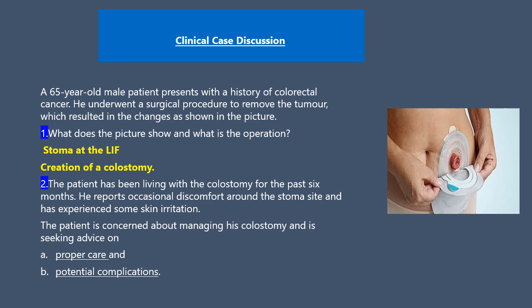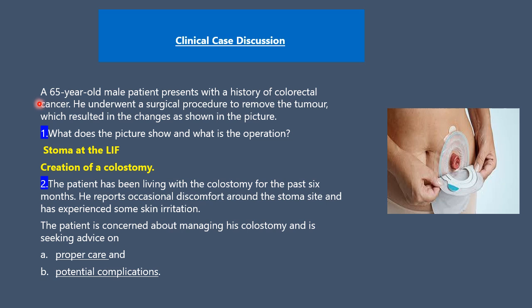Okay, next we come to a short clinical case discussion. A 65-year-old male patient presents with a history of colorectal cancer. He underwent a surgical procedure to remove the tumor, which resulted in the changes shown in the picture on the right.